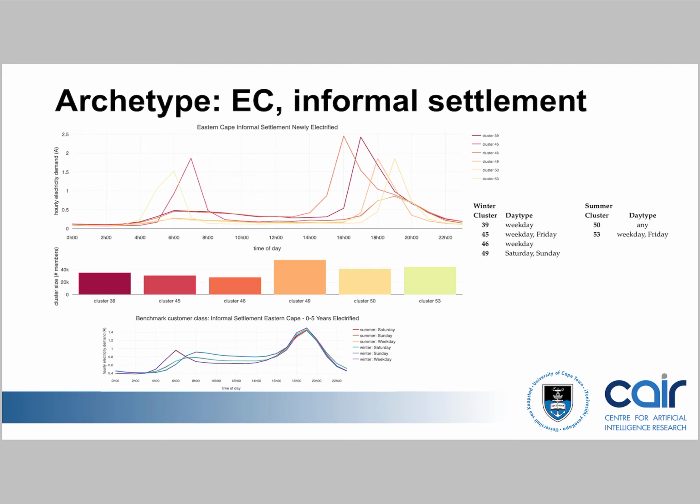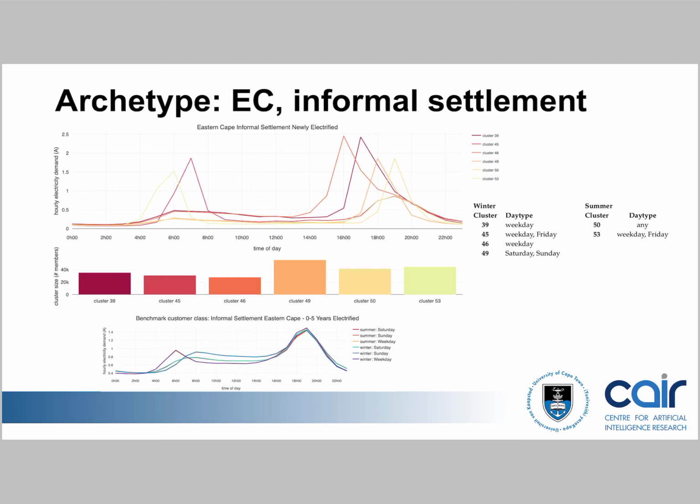What we can see again is that we've got different clusters for winter and for summer, which is what we expect. We've got different clusters for different day types. And what we've included in the bottom is a benchmark where we can compare our constructed archetype with a benchmark that has been created previously.